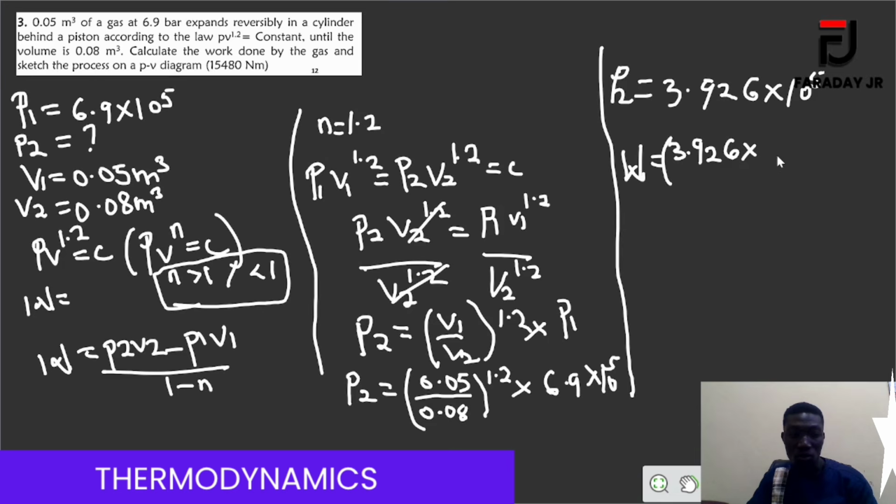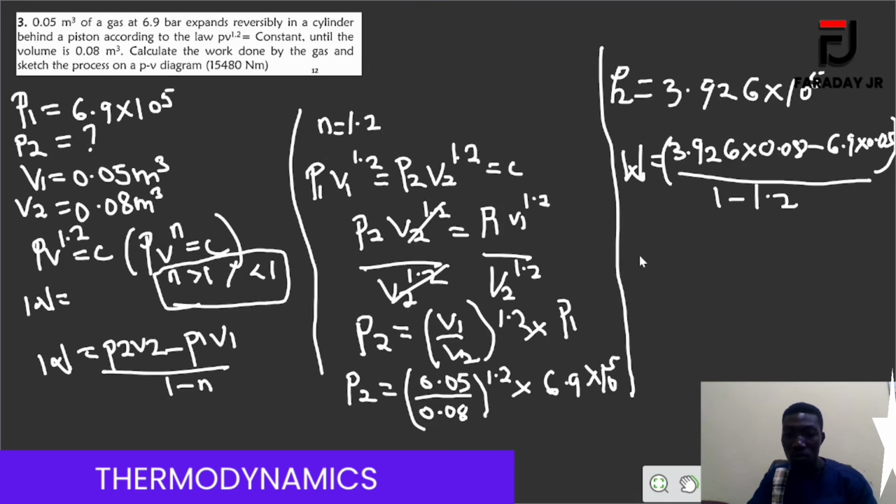So V2 is 0.08, minus P1, 6.9, times V1, 0.05, on 1 minus n, where n is 1.2.